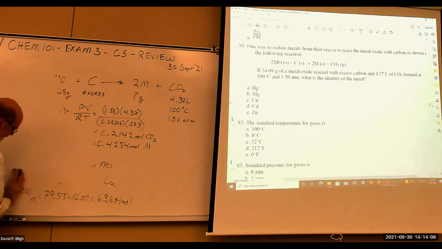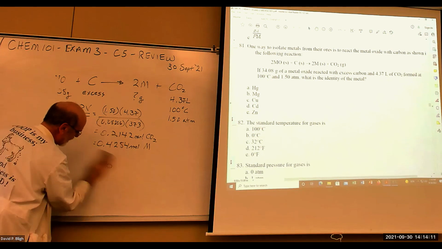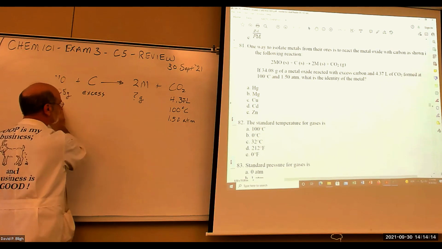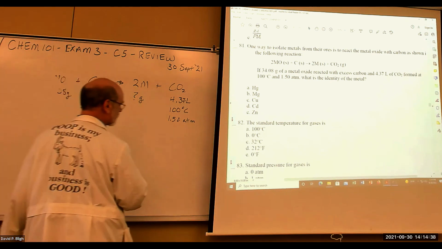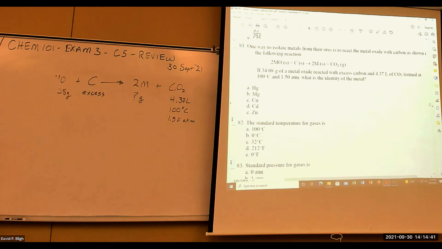Just out of curiosity about this problem, where did the 0.4284 come from when you were trying to get the molecular weight of the metal oxide by dividing 34.08?